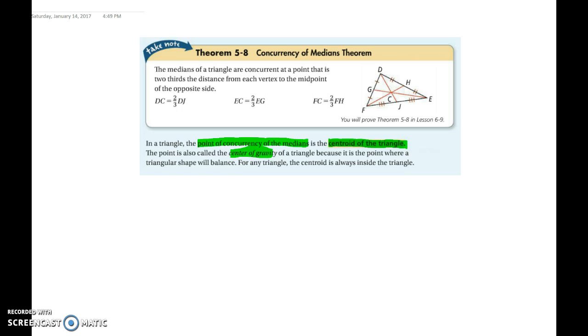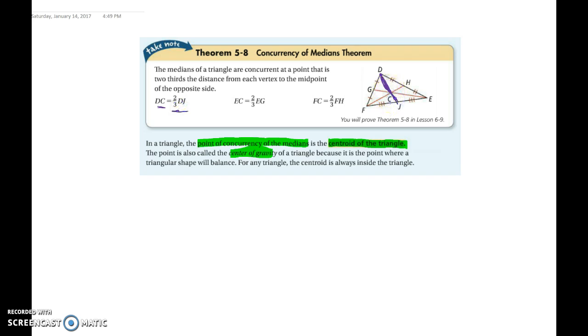Now, the medians have a formula. It says DC, from our vertex to our centroid, where our 3 medians intersect, is equal to 2/3 of the entire segment.